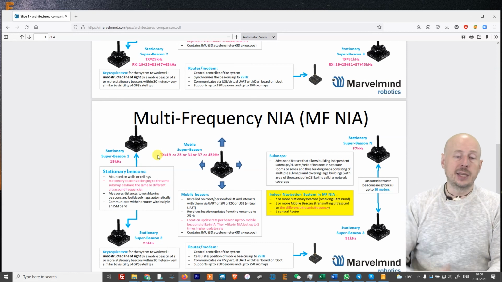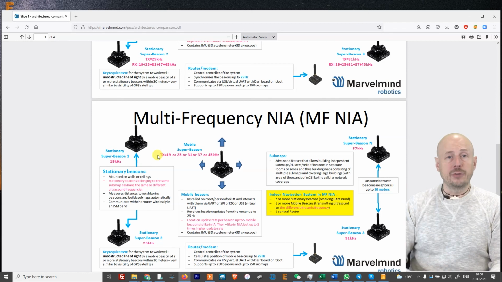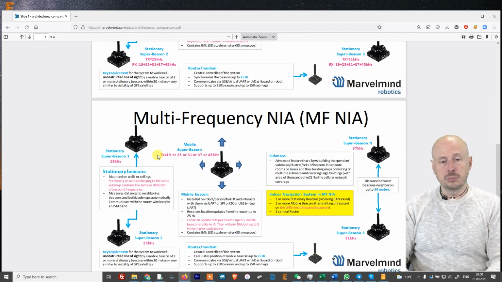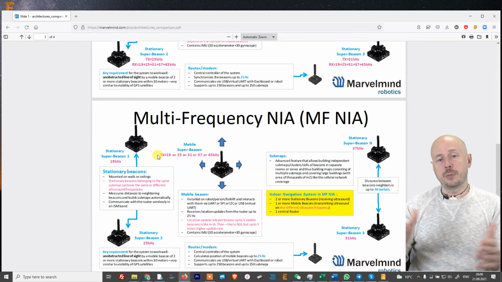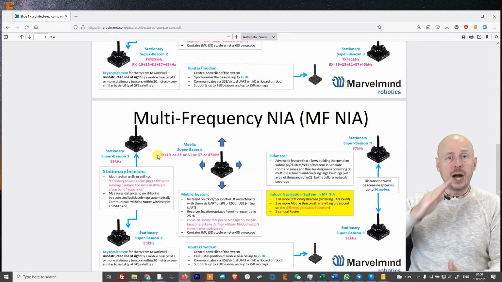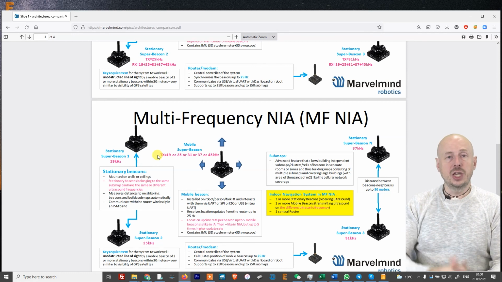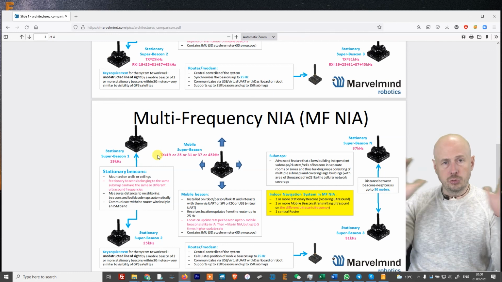So you get the MF NIA license, you enable it, and then you enjoy a high update rate. If you have more than 5 drones, then yes, the update rate will start to reduce, but 5 times slower than with NIA. So, for example, for 10 drones, you will have only half speed reduction, and with NIA it would be 10 times speed reduction per drone compared to the whole system.